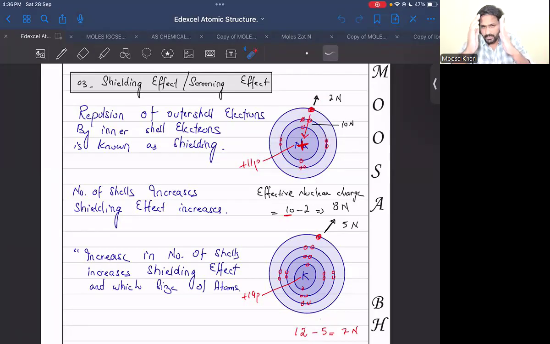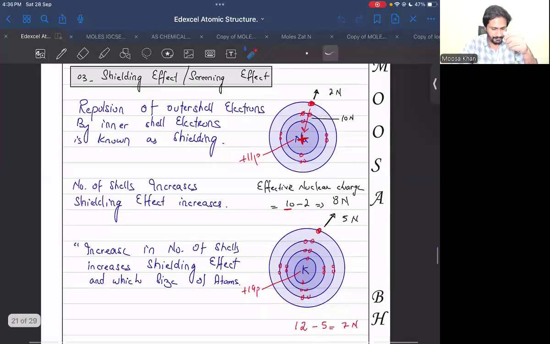Obviously, when the electrons repel each other, the atomic shells or the quantum shells will move further away from each other. And when they move further away from each other, obviously they will occupy a larger space or a larger volume. That's why we say the atomic size or the atomic radius increases if any atom has more shells, right?